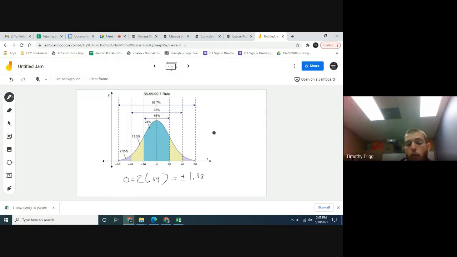Okay, so if there was no difference between them, we would be 95% certain that it would fall between those two numbers. The difference would be between negative 1.38 to positive 1.38. So this is a 95% confidence interval.